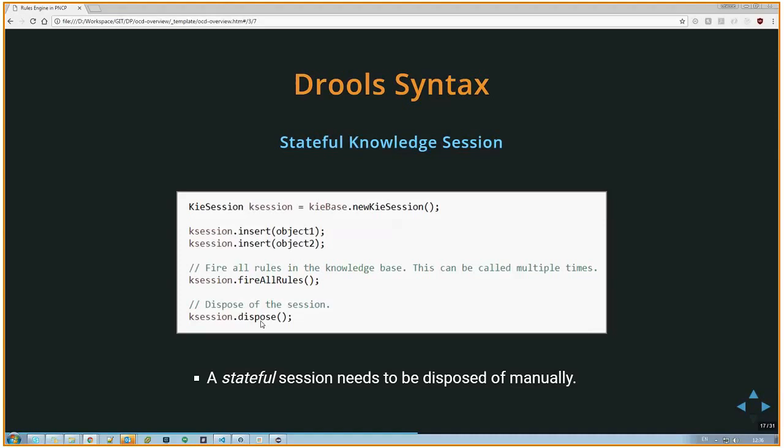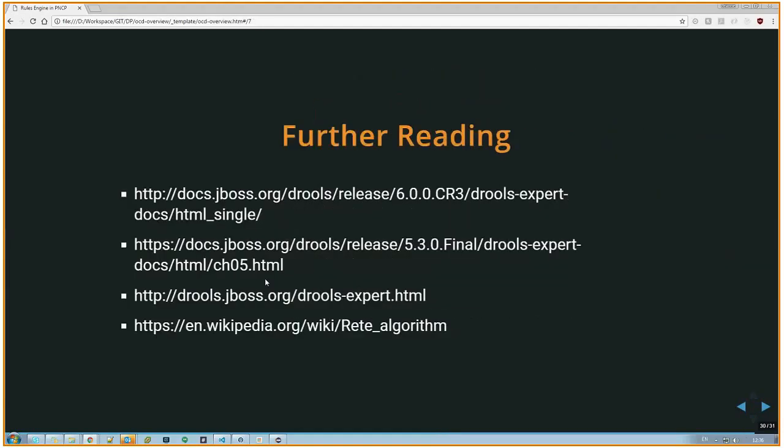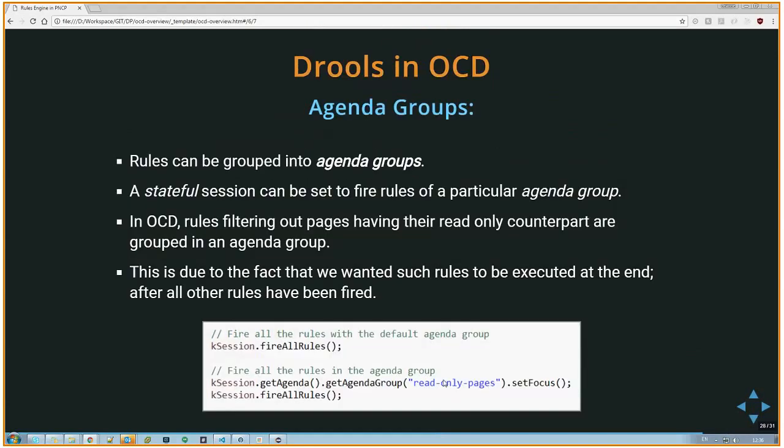It's done every time. Actually, we fire all rules and then the rules for the agenda group. So we fire our rules, then we get the agenda group for the read-only pages, fire those, and then call dispose.